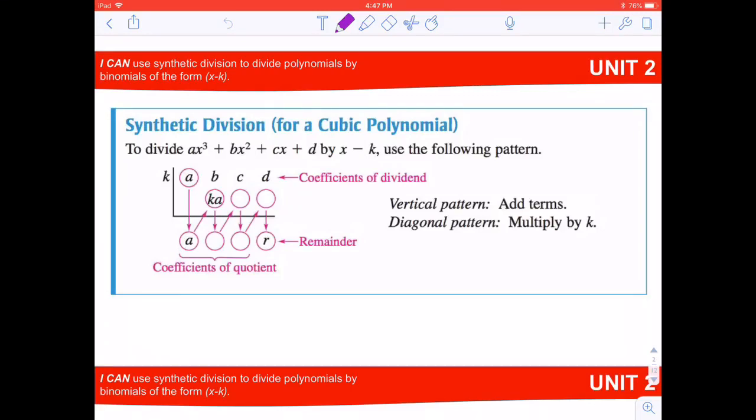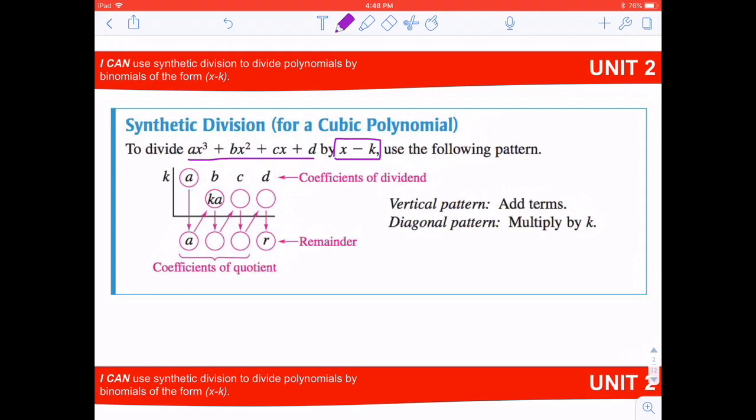Hello there. So we are looking here at synthetic division for a cubic polynomial, but really we can use synthetic division for any kind of polynomial, as long as we're taking this polynomial and dividing it by something in the form of x minus k.